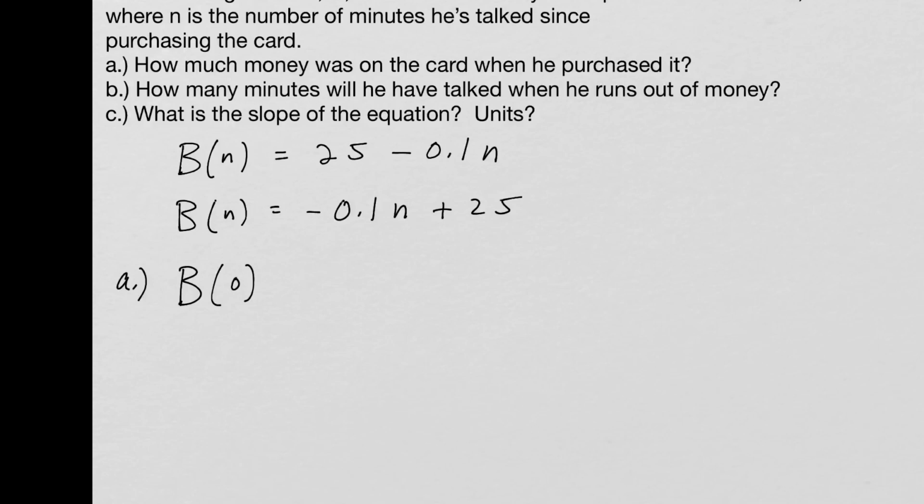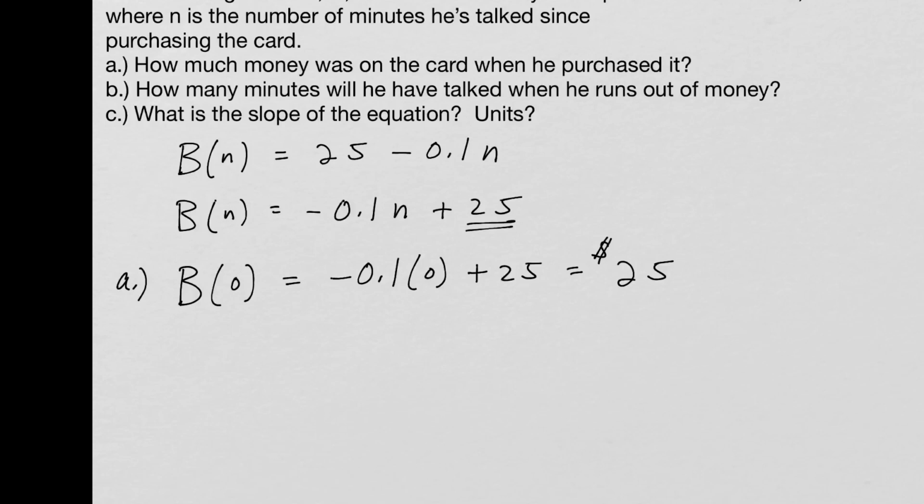It's starting, so when the number of minutes is 0, this is going to be negative 0.1 times 0 plus 25. And of course, we're going to get that value 25, because that is the starting value. This has the form y equals mx plus b, so it must be that b there. But it's easy just to plug in 0 to make sure. And it has units, right? It's $25 that would be the starting value.